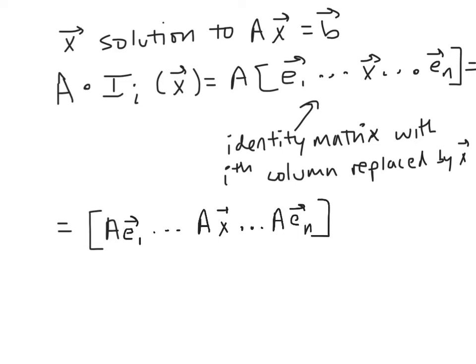And we're going to call these A1, where A1 is the first column of the matrix A, and then we have column i replaced by the vector B, and An.